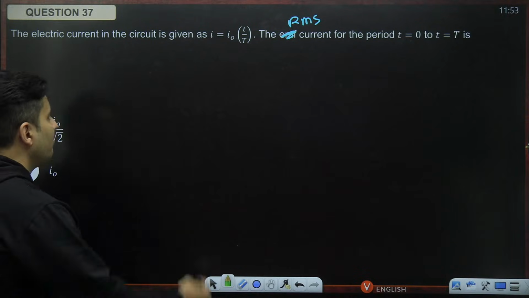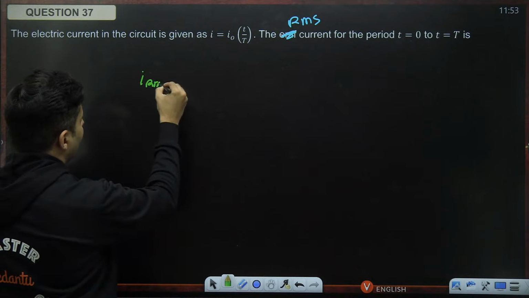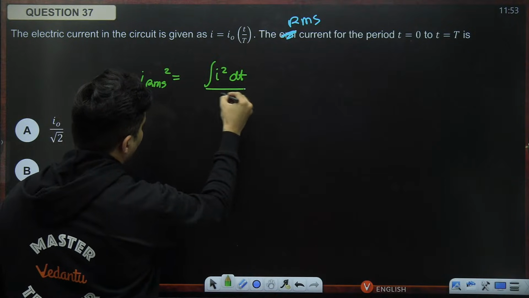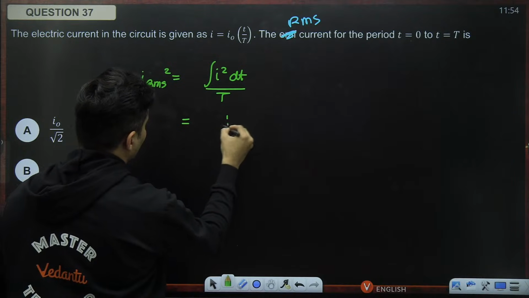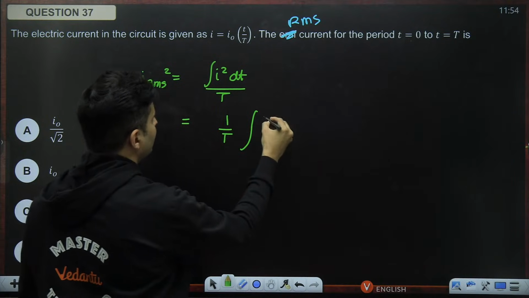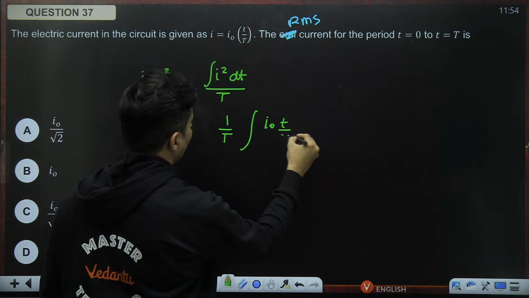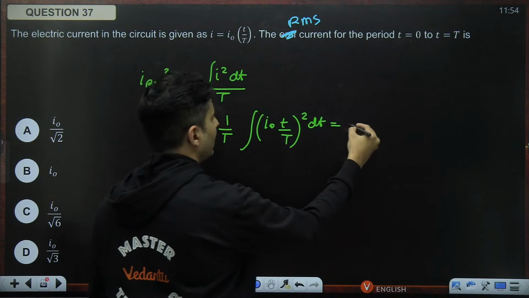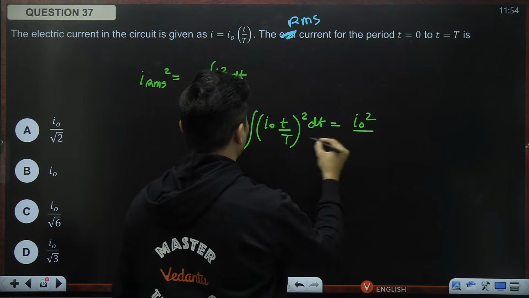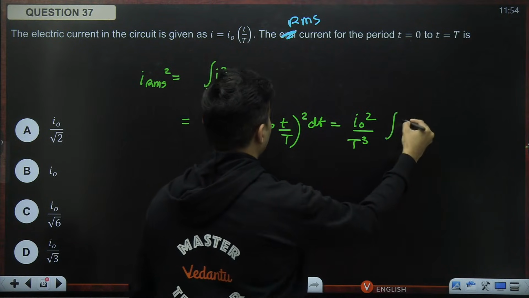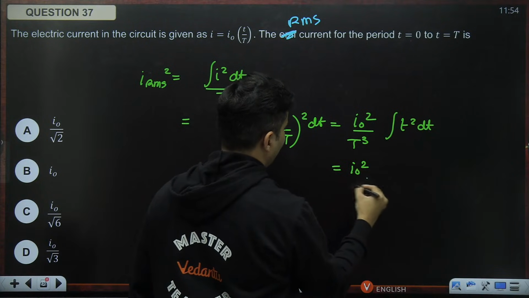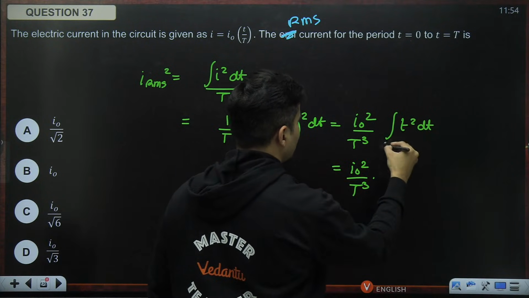How do I solve this? Simple direct formula. IRMS square is the integral of current square dt divided by the time period. That's it. So 1 by T is here. Current is nothing but I naught small t by capital T, but this whole square dt. So this will become I naught square by T cube and the integral of t square dt, which is I naught square by T cube, 0 to T of course.